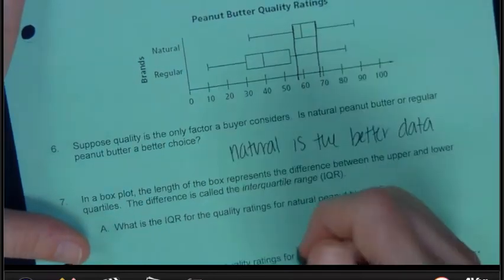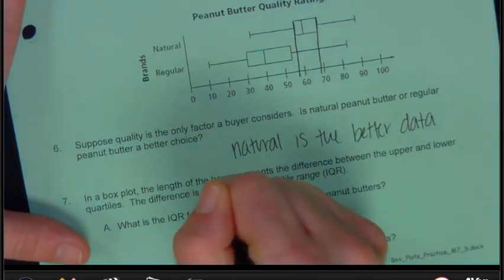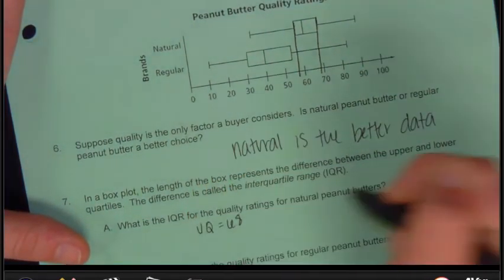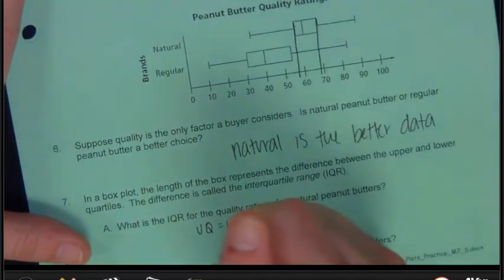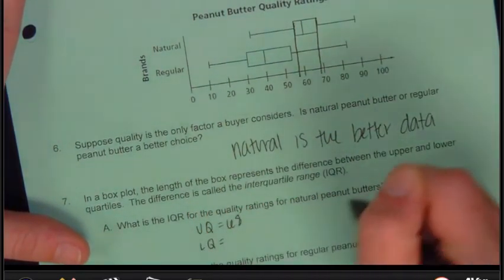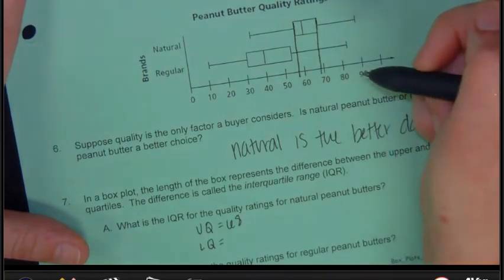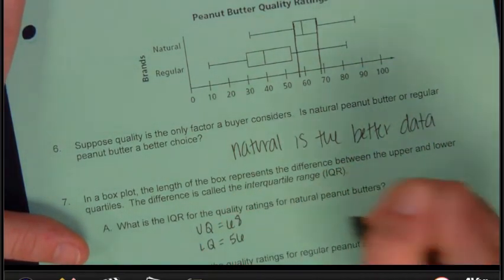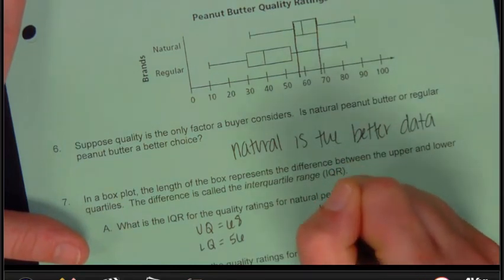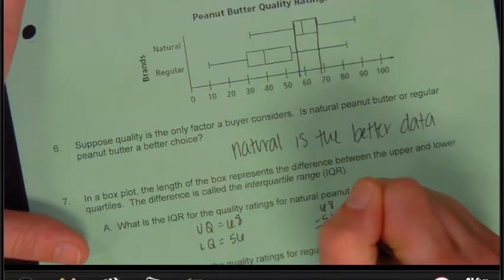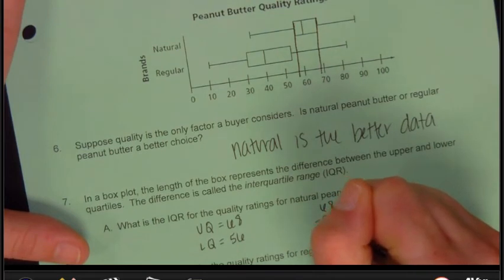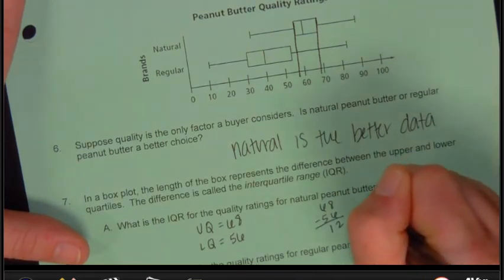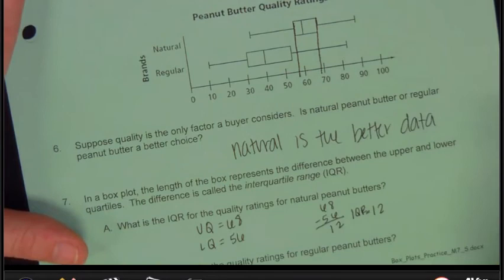So the upper quartile is what, 68, where the lower quartile is what, 56, I think. I'm just trying to get a good range here. So 68 minus 56: 8 minus 6 is 2, 6 minus 5 is 1. So my IQR is 12.